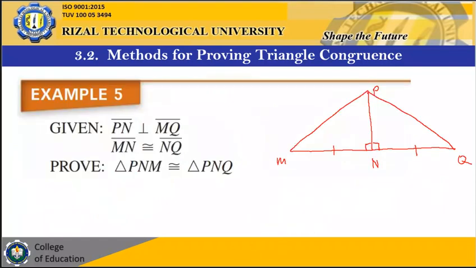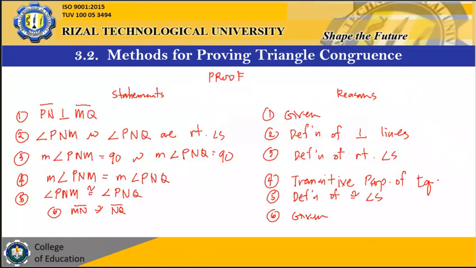Okay? Now, we can see here as well from the figure that segment PN is equal to itself.